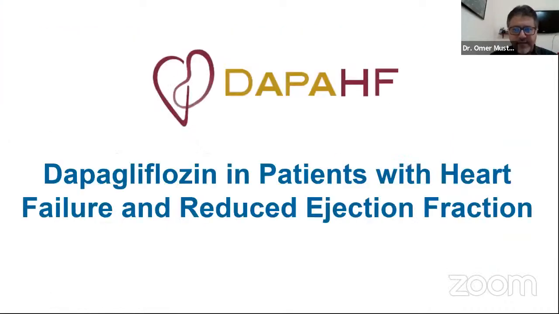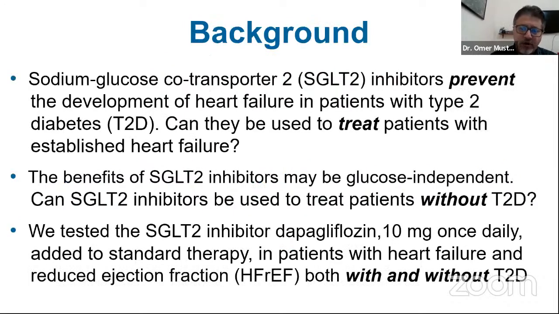It's the DAPA-HF trial which really made SGLT2 inhibitors, dapagliflozin, very important in patients with heart failure with reduced ejection fraction, with or without diabetes. The background is that they prevent the development of heart failure in patients with type 2 diabetes. Can they be used to treat patients with established heart failure?